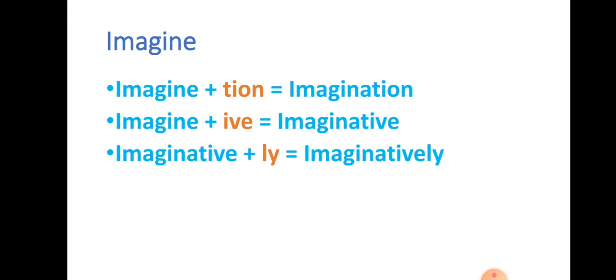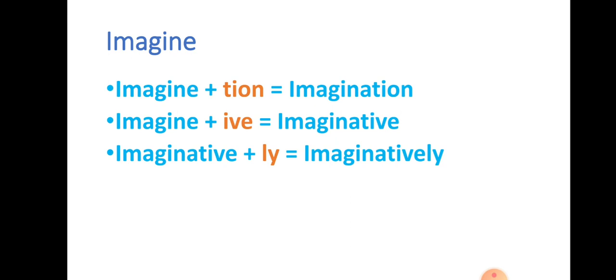For example, look at this word, imagine. Imagine is basically a verb. Here I have used 3 different suffixes: tion, ive and ly. When imagine is added with tion, it becomes imagination. So you have converted a verb into a noun.